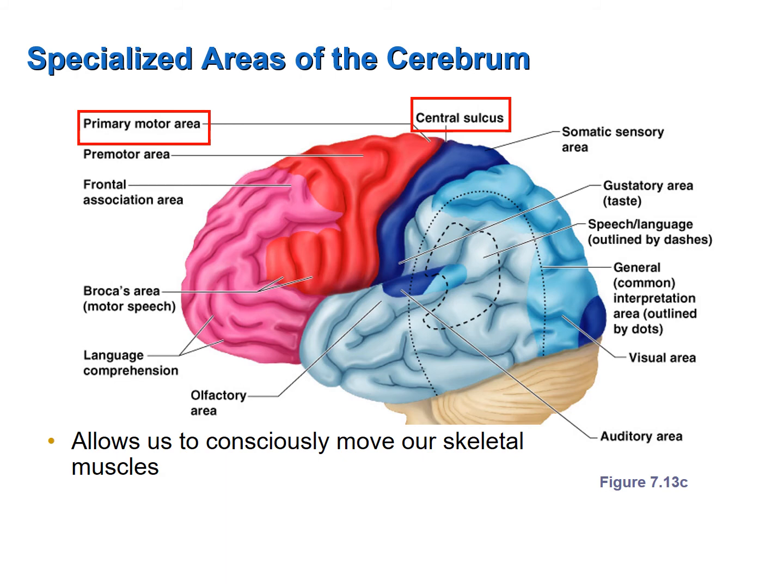This portion of the cerebral cortex is responsible for sending motor output to our skeletal muscles, which allows us to consciously move our body parts. In other words, the neurons located in the primary motor area are responsible for voluntary movement.